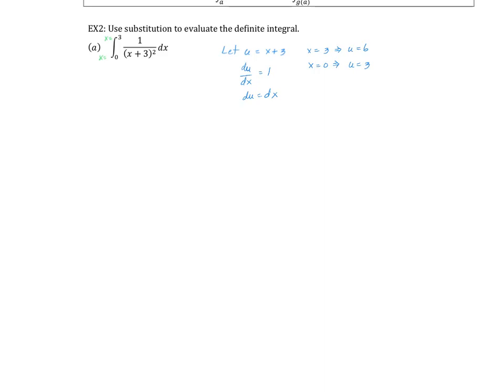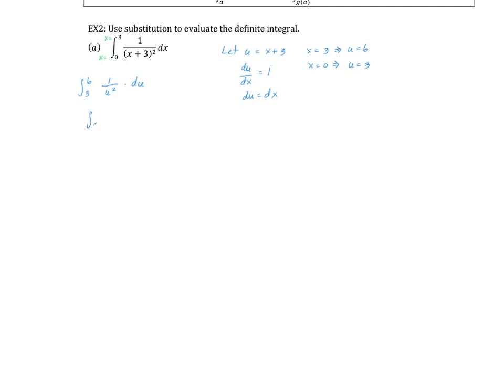Now our integral is going to be the integral from 3 to 6, because I had to change my limits of integration. This is 1 over u squared. And then my dx is just du. So everything, including my limits of integration, are in terms of u.